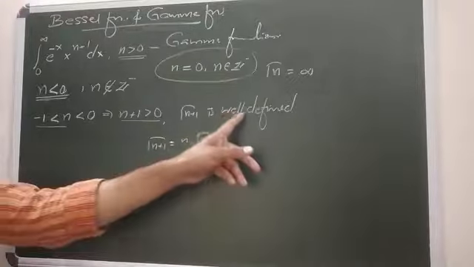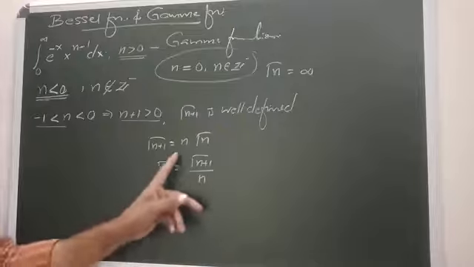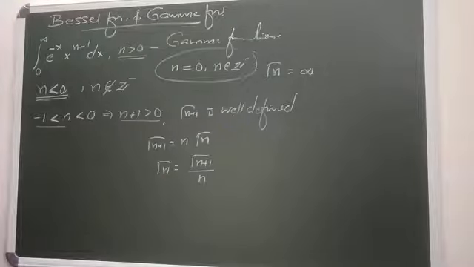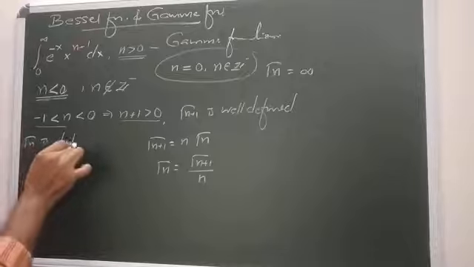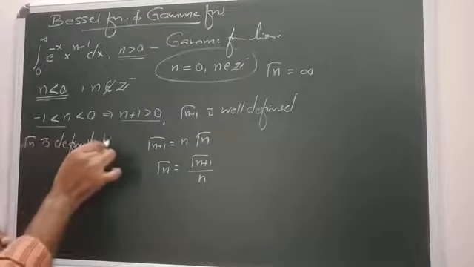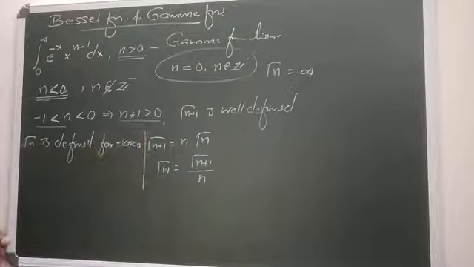So when gamma of n plus 1 is well defined, gamma of n is also well defined for minus 1 less than n less than 0.